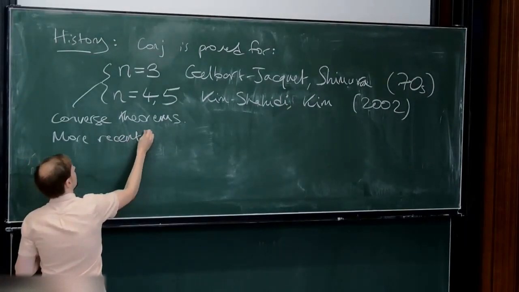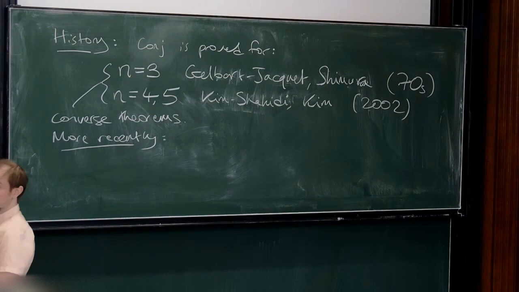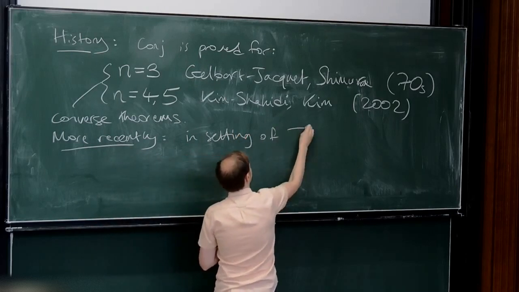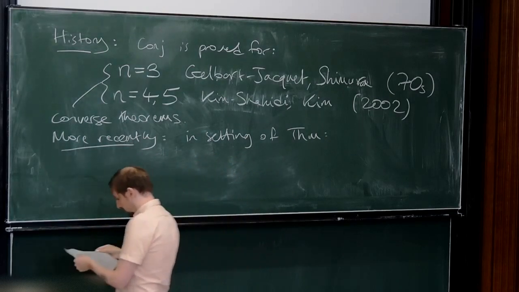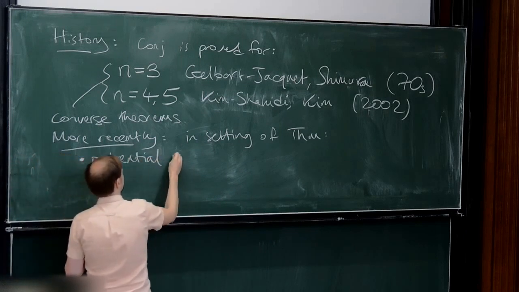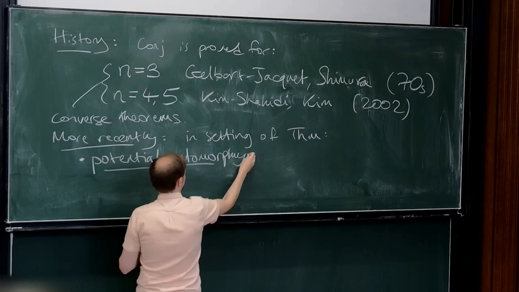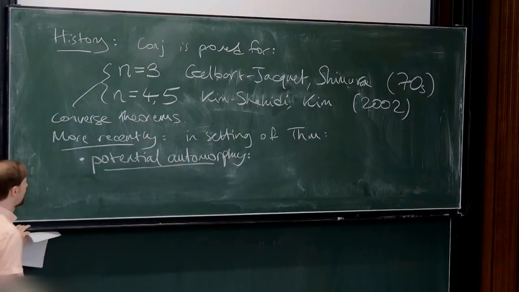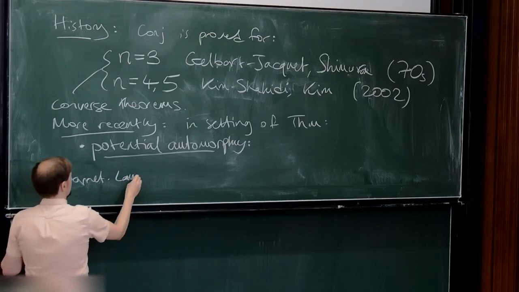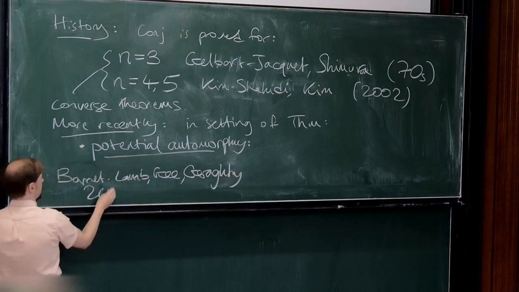More recently, there was progress in the setting of the theorem, in this regular algebraic setting. There were results on potential automorphy, following work of Clozel, Harris, Taylor, Shepherd-Barron. It was proved by Barnet-Lamb, Gee and Geraghty in something like 2011.